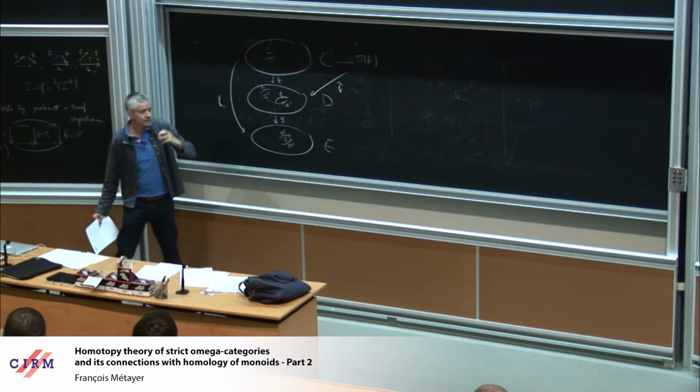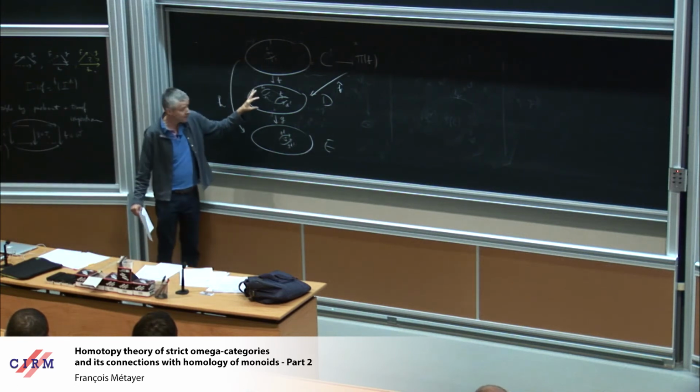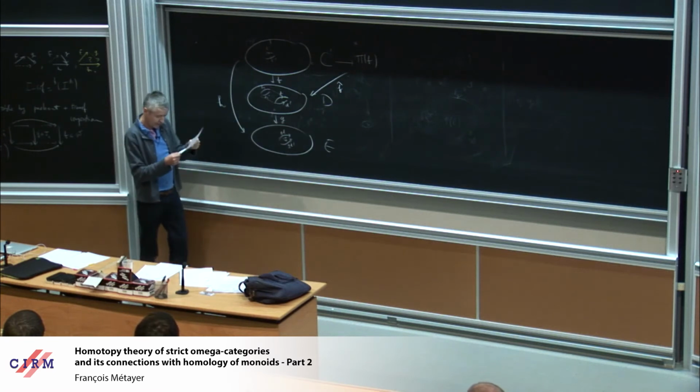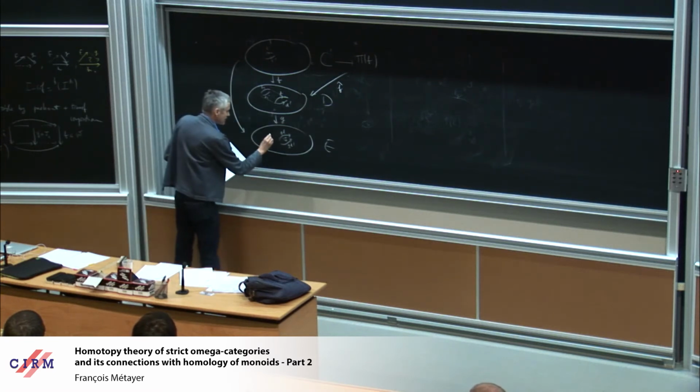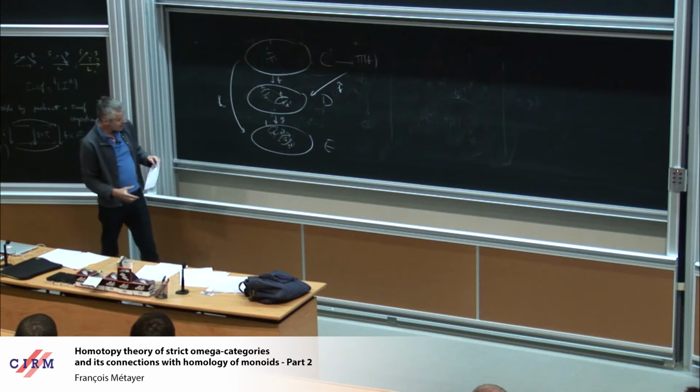Okay, so that's the picture. So once you get this cylinder here, you apply G, and you get another pair of cylinders here. This will be HC prime here.